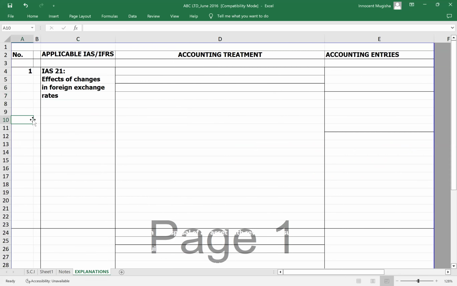Remember, in our final examination review, I mentioned that the examiner has called upon the candidates to mention the name of the standard and also the code of the standard. So it is very important that if you are to use IAS 21, indicate that I'm using IAS 21, which is this and this and that. In this case, effects of changes in foreign exchange rates.